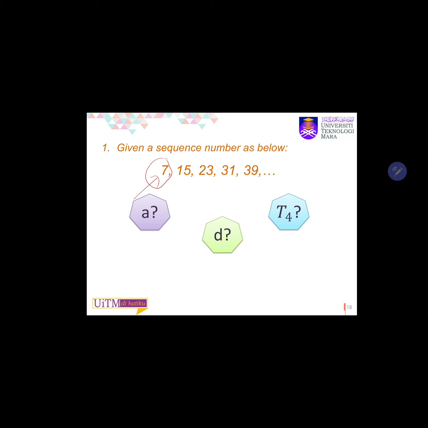To calculate, D is equal to 15 minus 7, which is equal to 8. Then what is your T4? This one is your T1, T2, T3 and your T4, which is equal to 31.